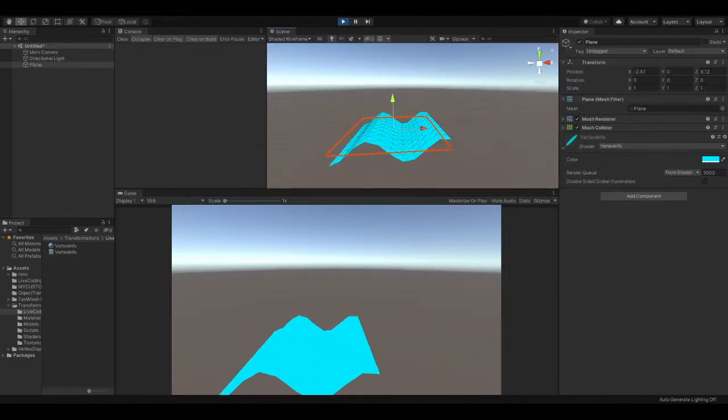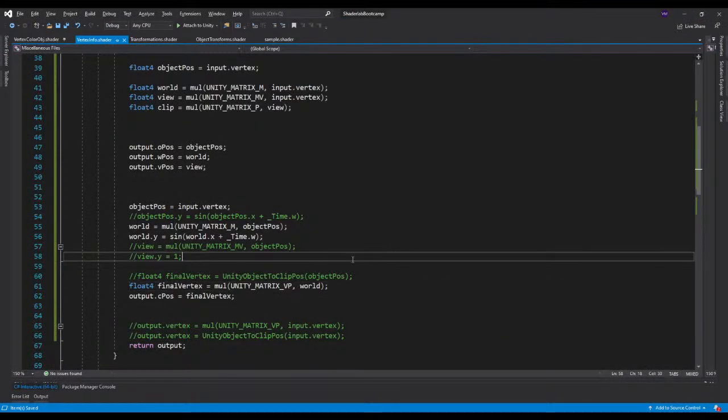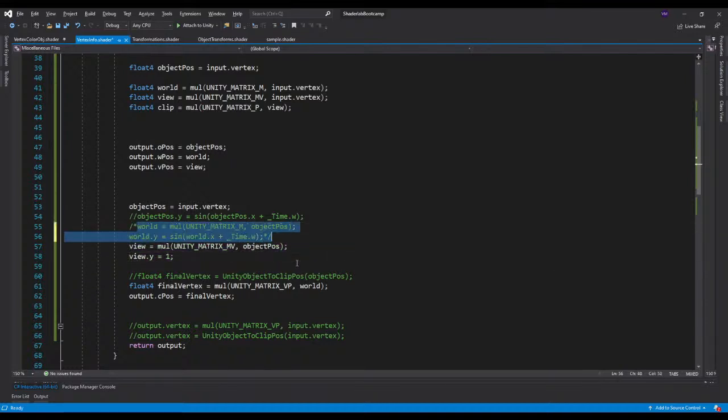That said, let's do that in the view space. So I'm just going to say view is going to be like this. We don't care about the world space anymore. Just take the input whatever it is. View space.y is equal to sine of view.x plus time.w to make it faster.